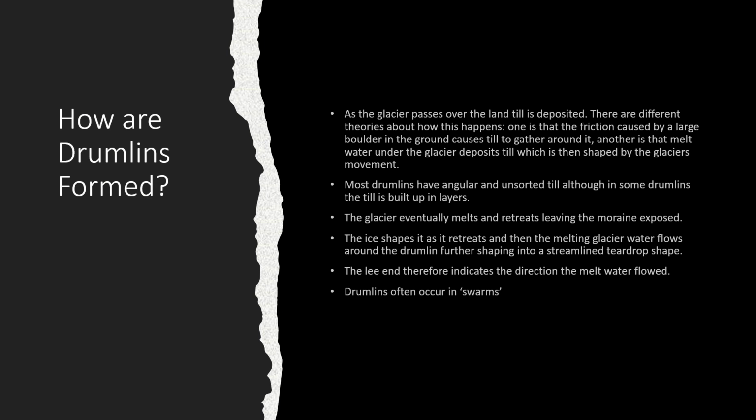And finally, you can score a mark for saying that drumlins often occur in swarms. At its most basic, guys, this question actually doesn't really need to be as complicated as I've made it sound.